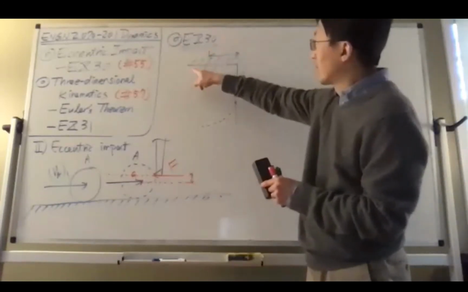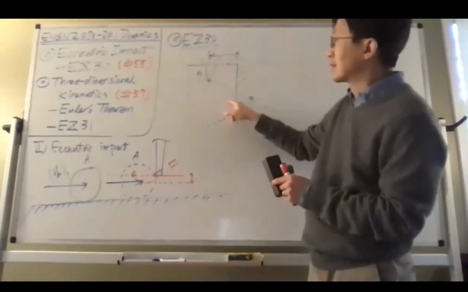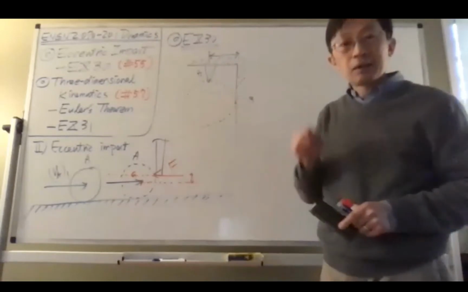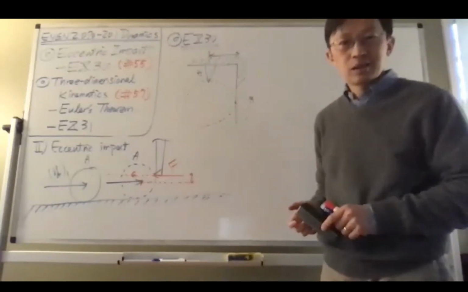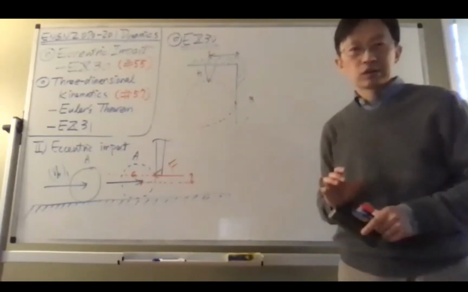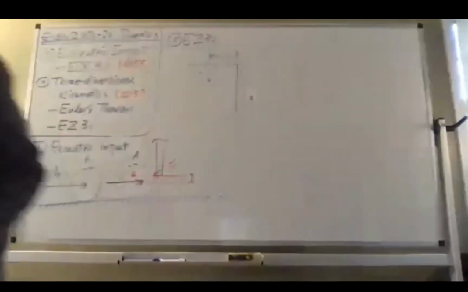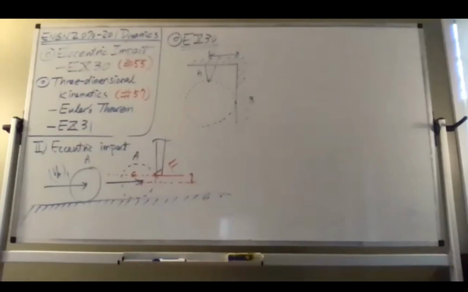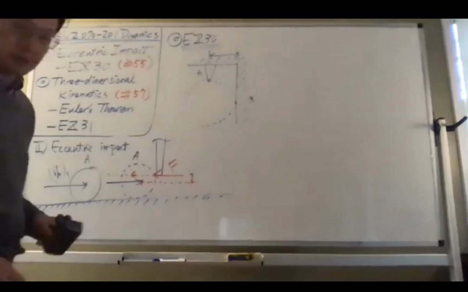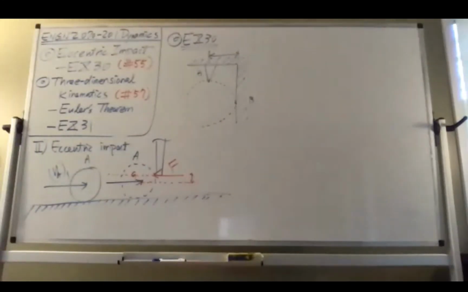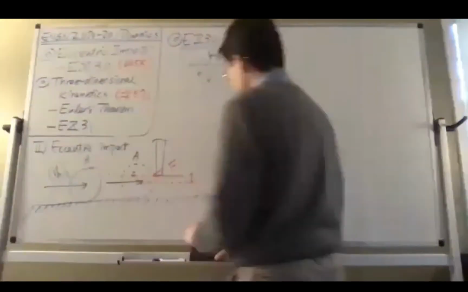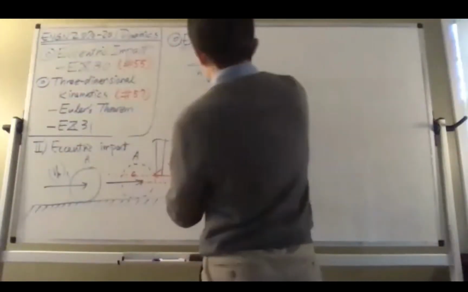The distance from A to the wall is the same as the radius of the disc. So that is the initial position of the disc. Now what we're going to do is lift the disc. Say that we're going to lift it by 30 degrees, because this support here is a hinge.